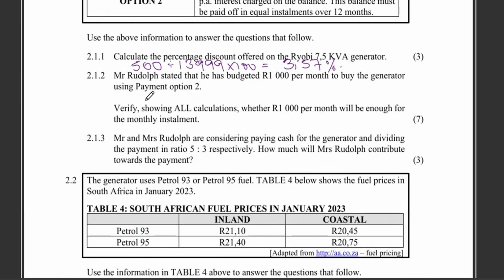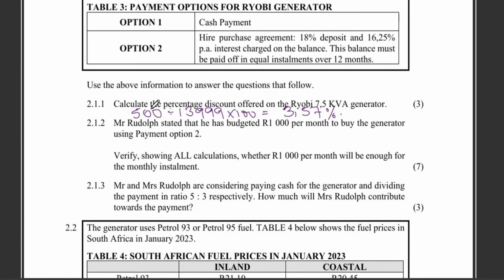Mr. R stated that he has budgeted 1,000 per month to buy the generator using payment option 2, which is hire purchase. Verify showing all calculations whether 1,000 per month will be enough for the monthly installment. First and foremost, hire purchase has a deposit. So first look for the balance. Balance is going to equal the cash money minus the deposit.